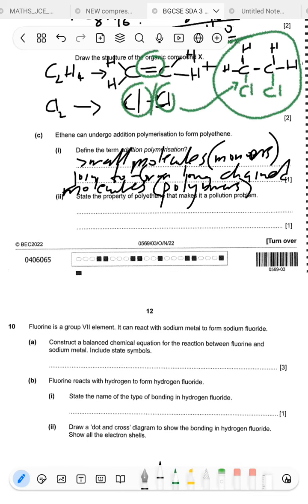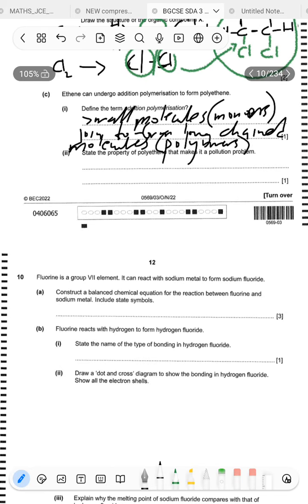Simple as that. Roman figure 2 says state the property of polyethylene that makes it a pollution problem. Remember, these compounds are the ones that we use for the plastic materials that we have, your plastic cups, your shopping bags, etc. Now the problem with these long chains is that they are non-biodegradable.